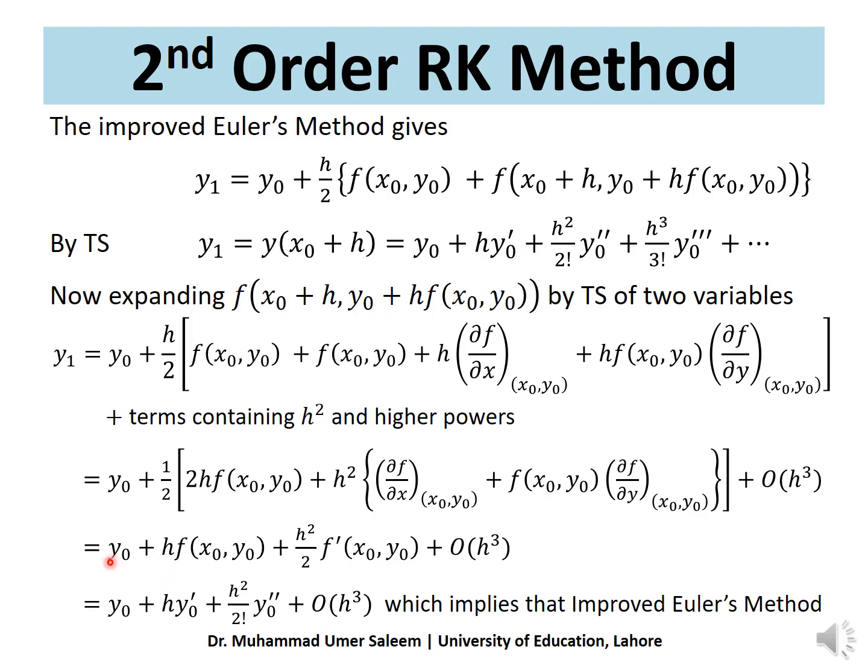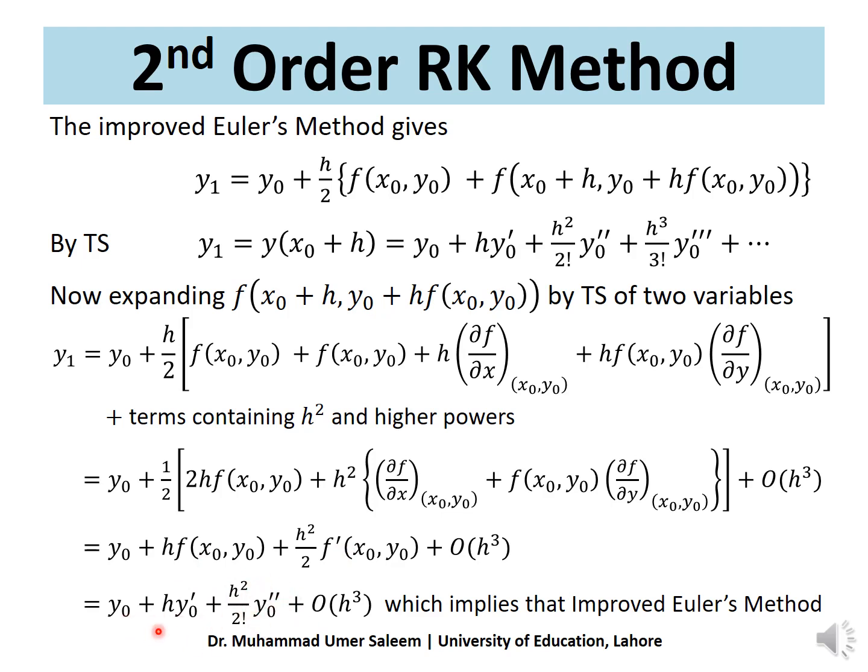Now we know this f x naught y naught is the derivative value from the original equation, y dash is equal to f of x. So replace this one, plus h square times this one, which is already a derivative, so this is equal to the second derivative.